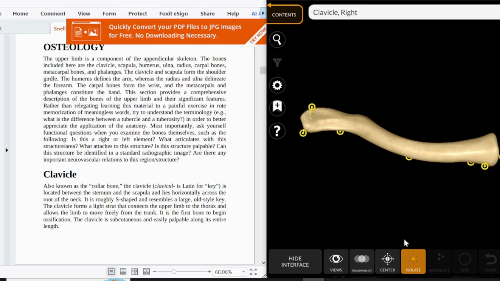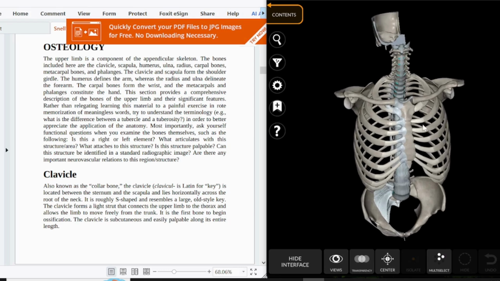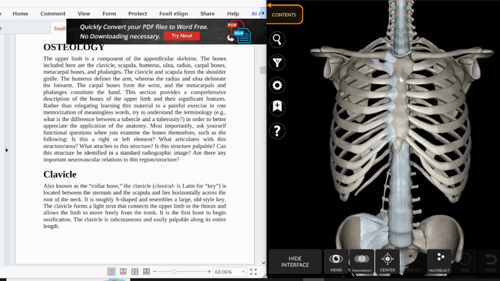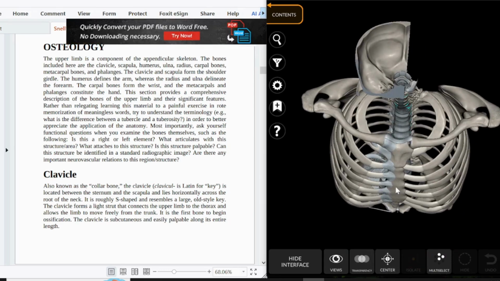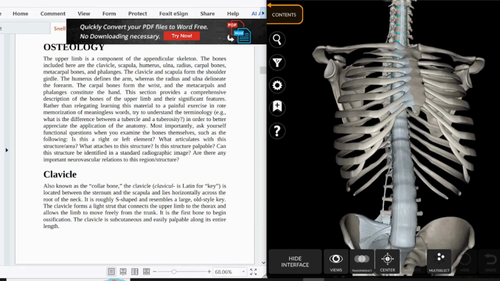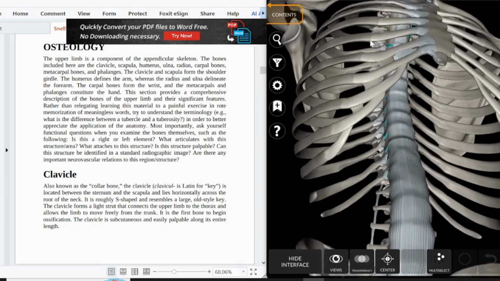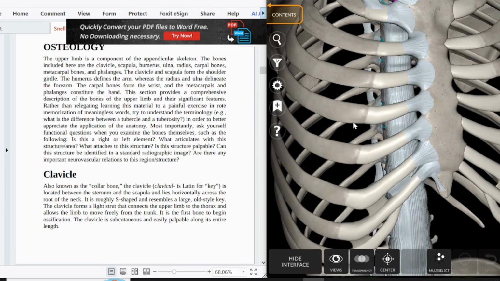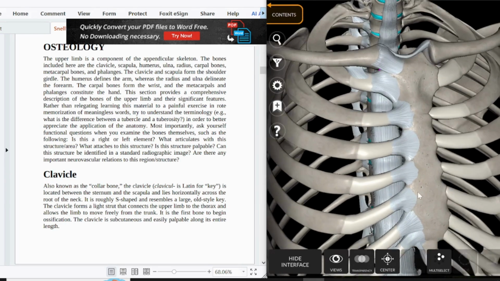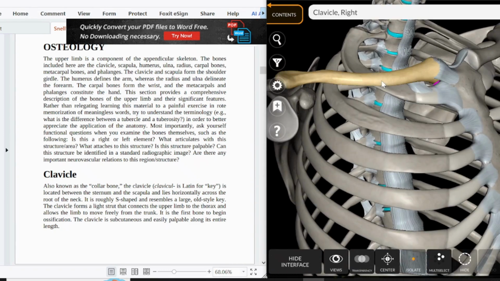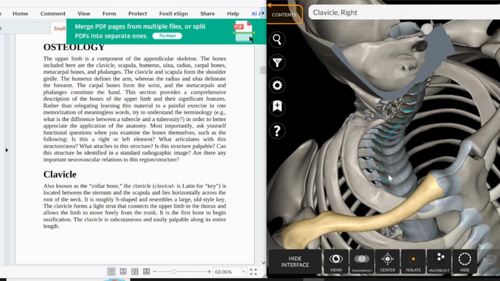So if you see it from the front and from the superior view, the smoother surface lies superiorly, while the surface which has the subclavian groove lies inferiorly. So this is the right clavicle and it has a convex medial end while the lateral end is concave.